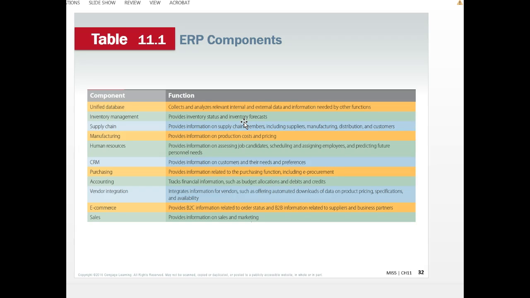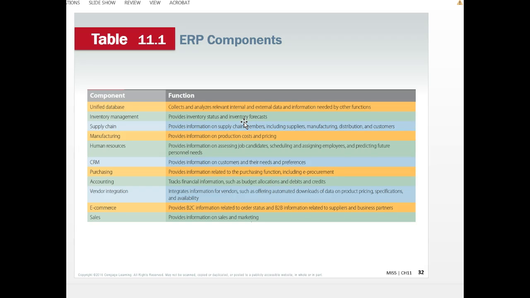Human resources is another component which provides information on assessing job candidates, scheduling and assigning employees, and predicting future personnel needs. CRM is another component of the ERP which provides information regarding customers and their needs and preferences. Accounting is another component which provides information relating to purchasing functions and their financial aspects, basically debits and credits.